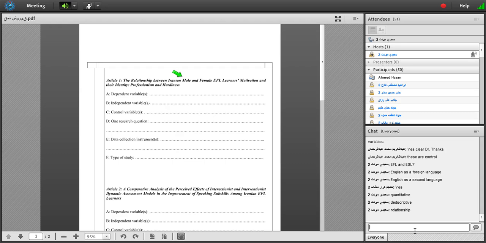Consider this as an exam question. For example, I give you this topic and I say, write a research question for this topic. Write the research question in the chat box. I give you 2 minutes to think and write. Write it in the chat box.